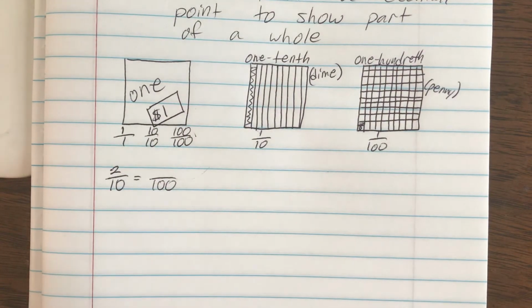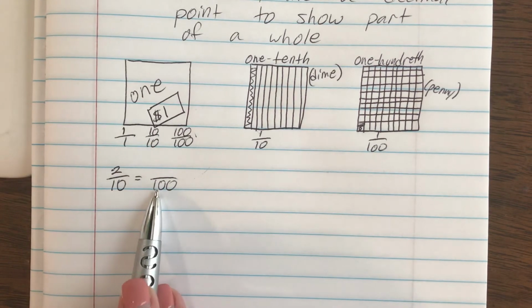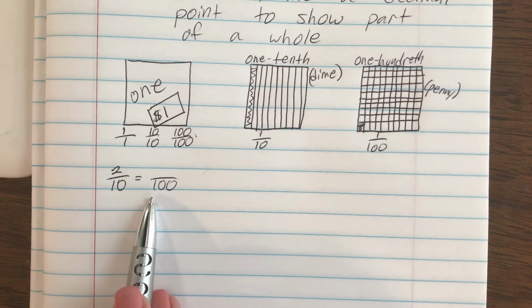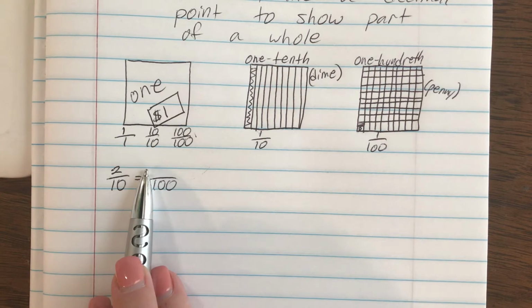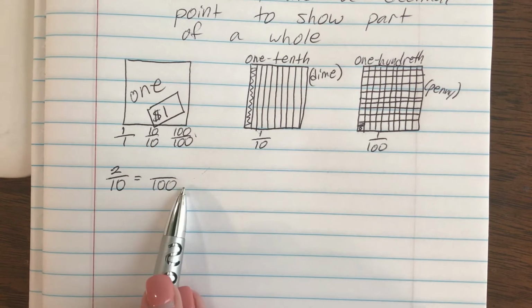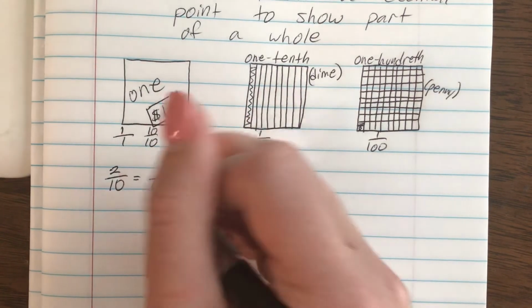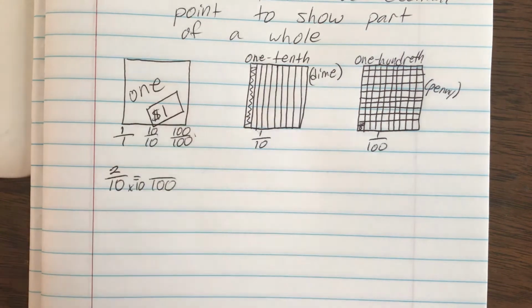Thinking about what we've done in the past with equivalent fractions, that's the same thing we're doing now. You need to make these two fractions equivalent. In order to do that, you're going to have to multiply the same thing on the bottom and on the top. Thinking about our denominators, there's only one number that we can multiply by to get from 10 to 100, and that is 10.